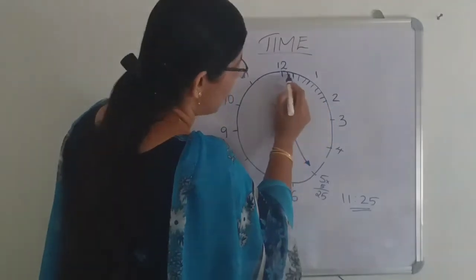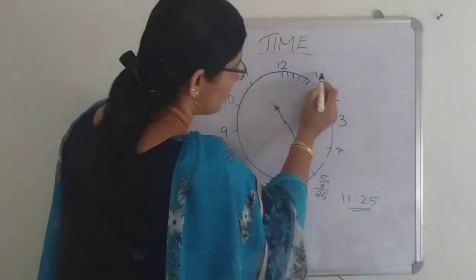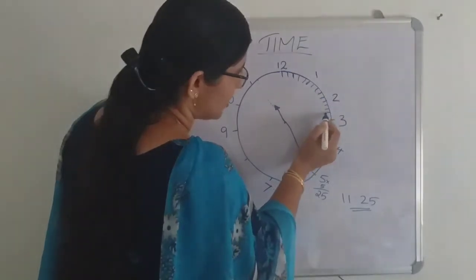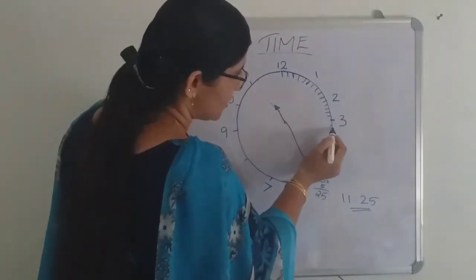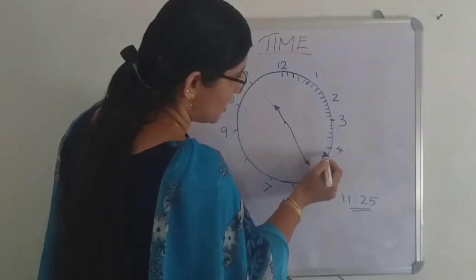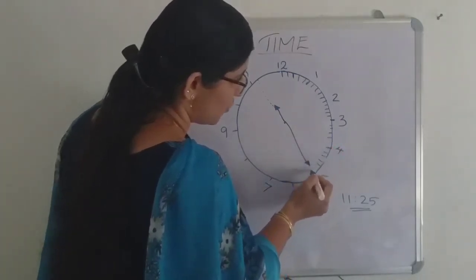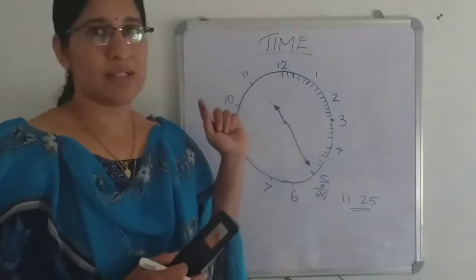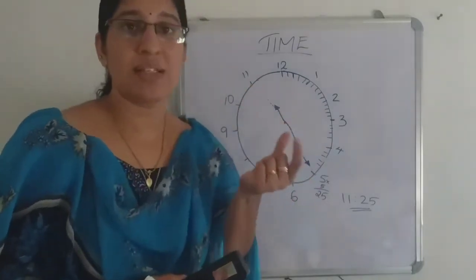So 1, 2, 3, 4, 5, it is 5, 6, 7, 8, 9, 10, 11, 12, 13, 14, 15, 16, 17, 18, 19, 20, 21, 22, 23, 24, 25, like that. In between two numbers we can count 5 minutes.